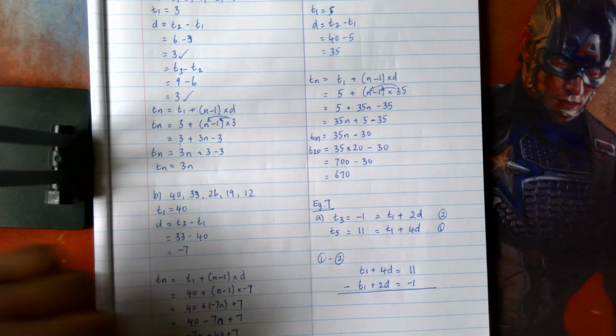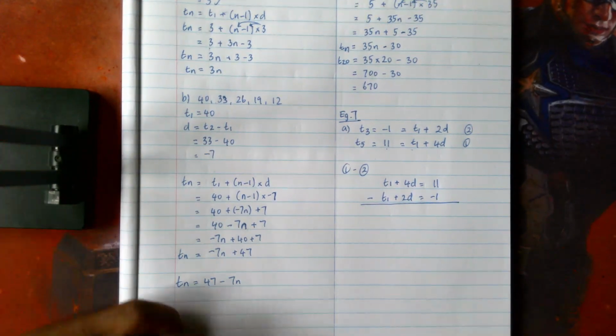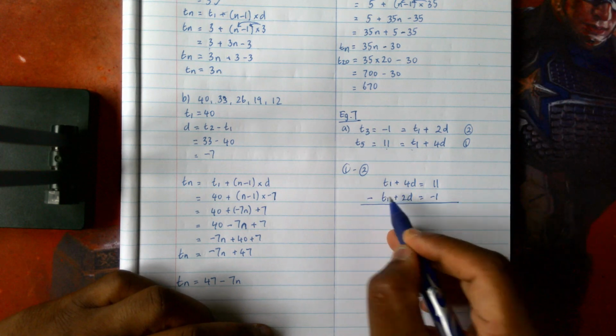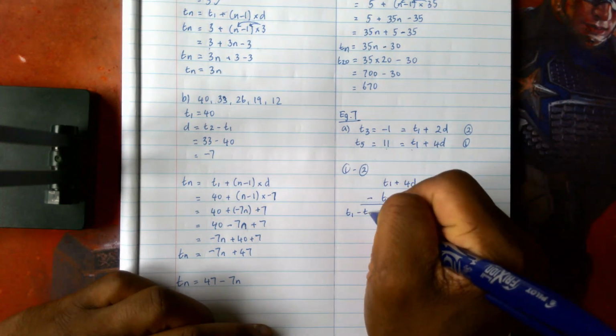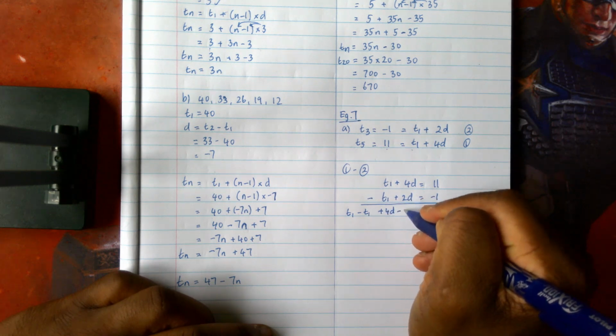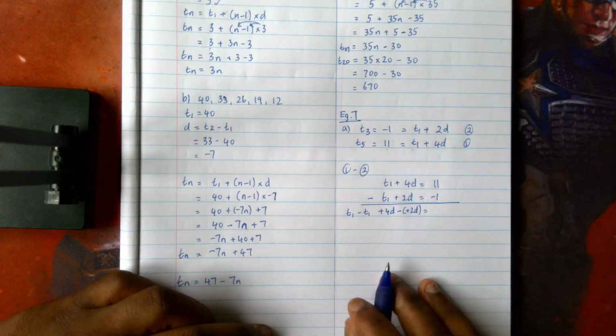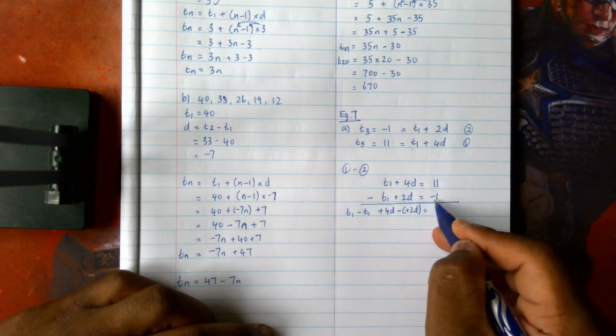So I'm going to go through this step by step for this video. So here we've got T1 take T1. We've got positive 4D take away positive 2D, and that's going to equal 11 take negative 1.